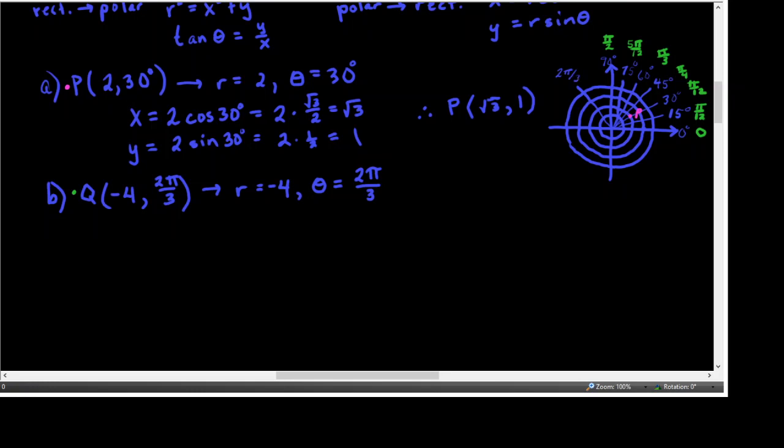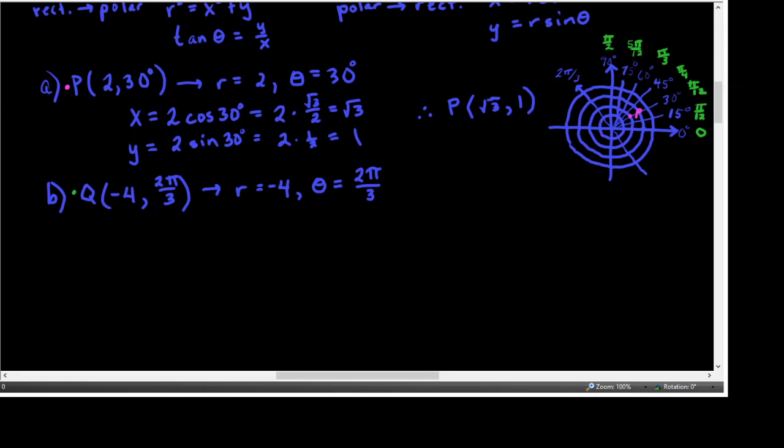And if I move from the pole along that ray, R will be positive. For R to be negative, I'll have to reverse myself and go into the quadrant over here, 180 degrees away, or pi away from that one.